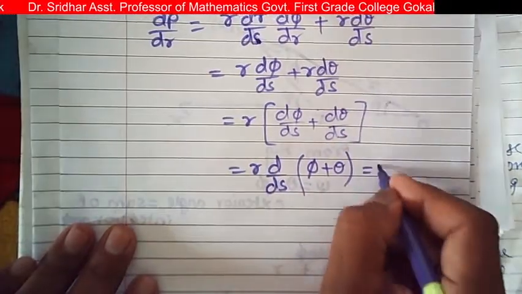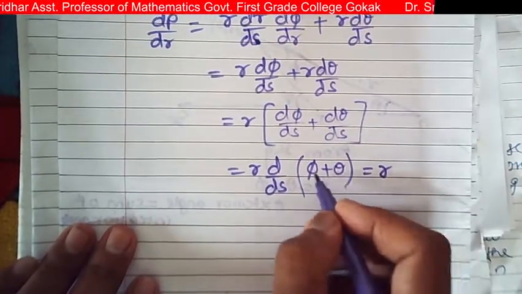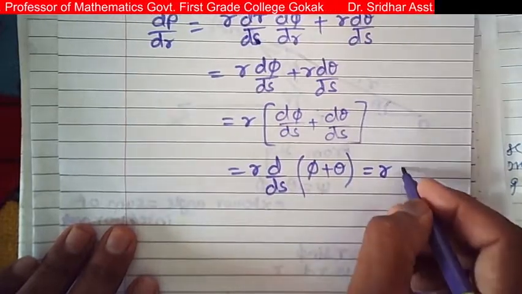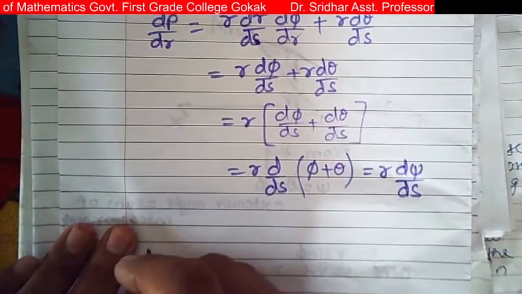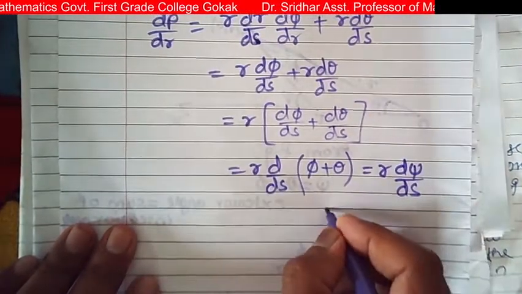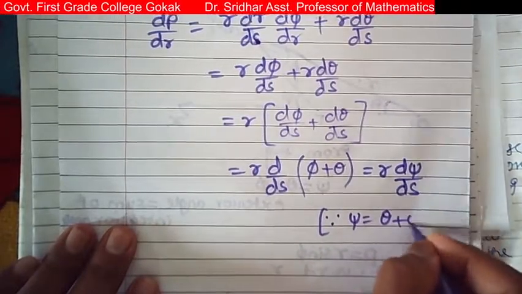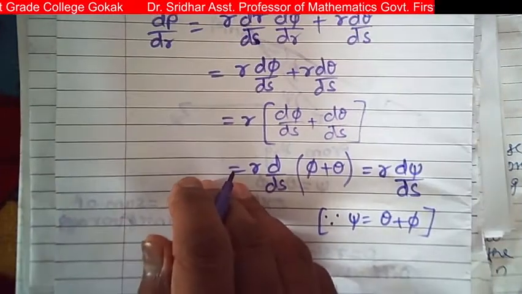Now this phi plus theta, the sum of interior angles, is equal to the exterior angle, that is psi. So r into d psi by ds, because psi is equal to theta plus phi.